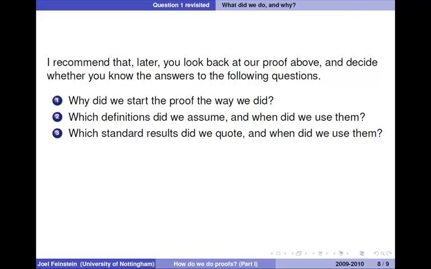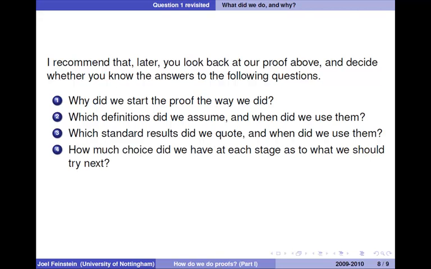And for every proof of this module, you'll get something similar to this. You can look at the structure and see what was used, what were the definitions, when were those definitions used, was all the information used, is this a genuine proof or is there a trick somewhere? And finally, what else could you try at a particular stage?